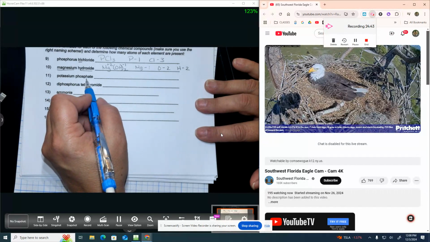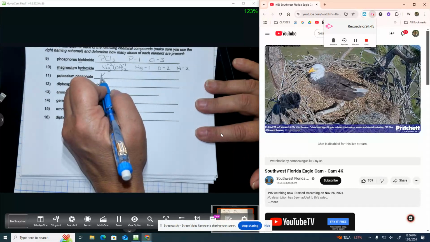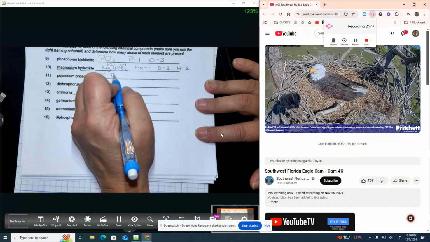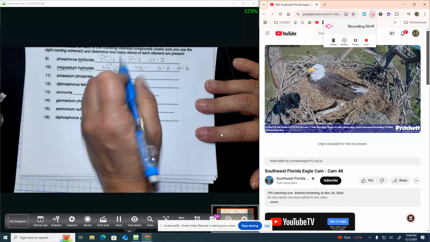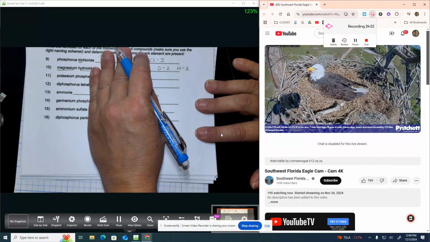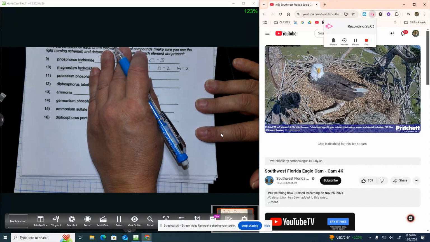All right, I'll do the last one. Potassium phosphate. Potassium is K. What's phosphate? Look on table E. Don't look up here. PO4, what's its charge? Look at table E. I know you know.